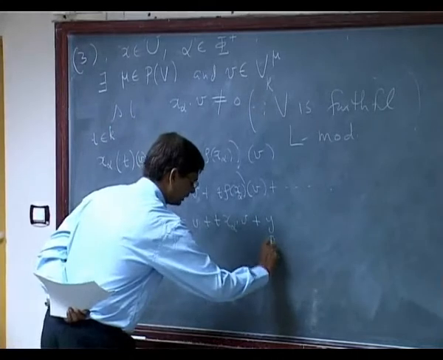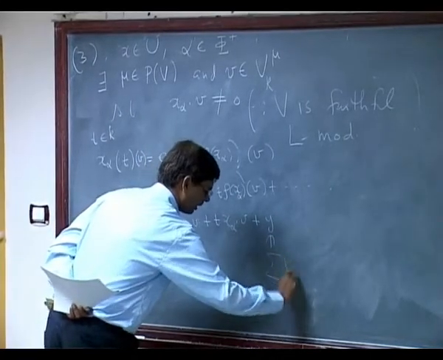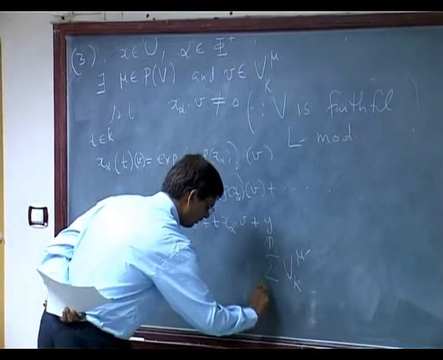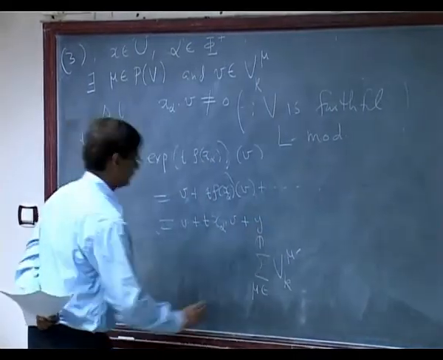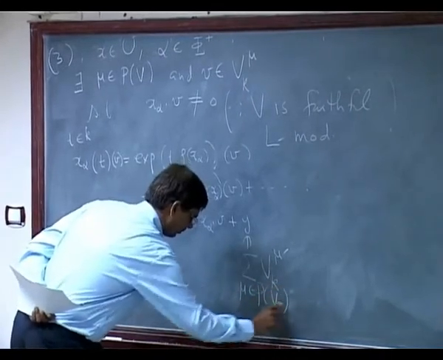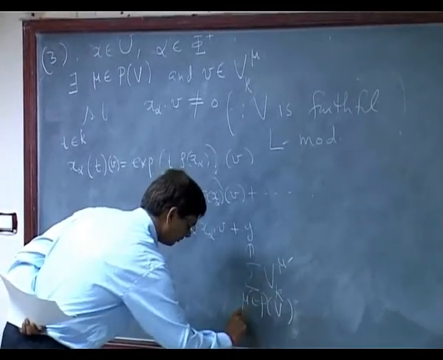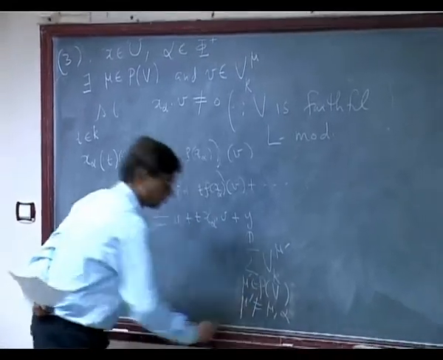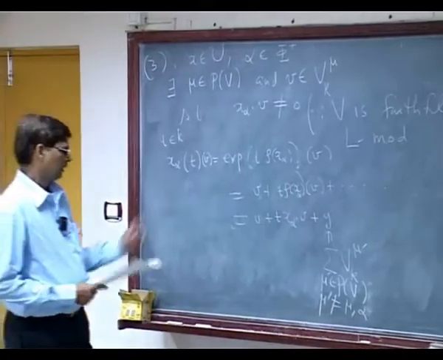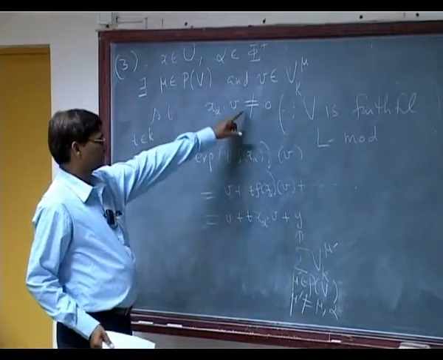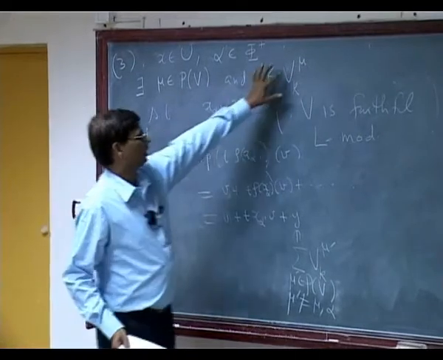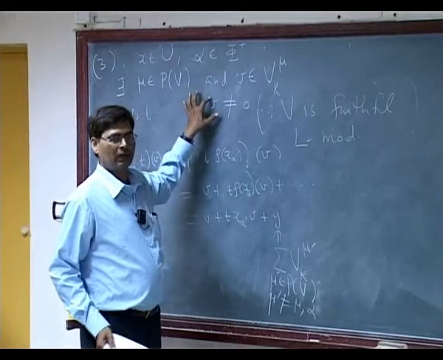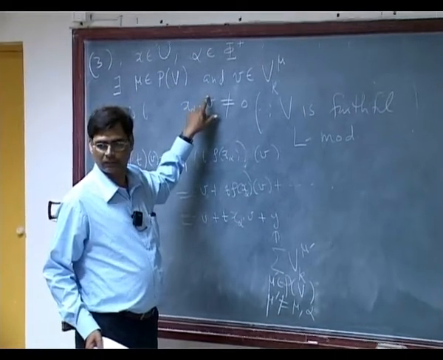Where does this element belong? It belongs to the sum of V_mu prime, where mu is inside P(V) but mu prime is different from mu and mu plus alpha. Because v is in the mu eigen subspace, and if you act by x_alpha, it will go inside mu plus alpha, right.